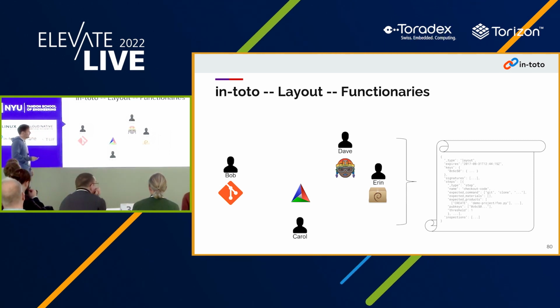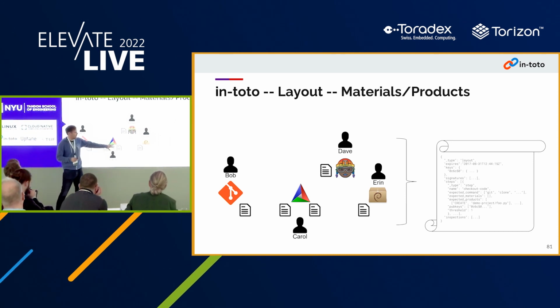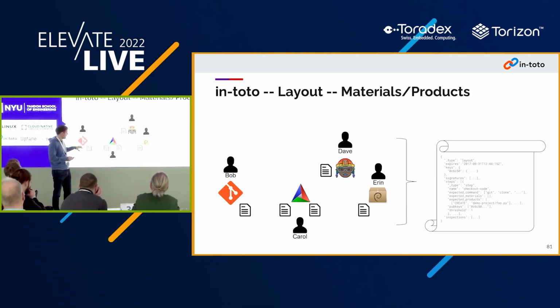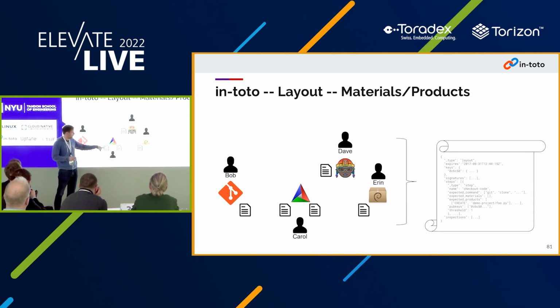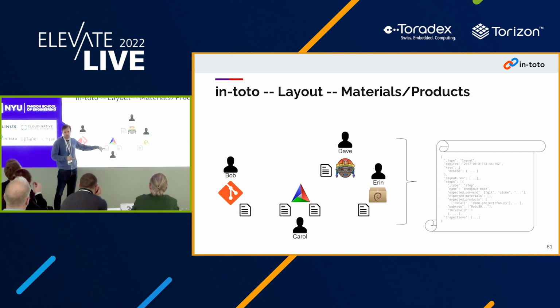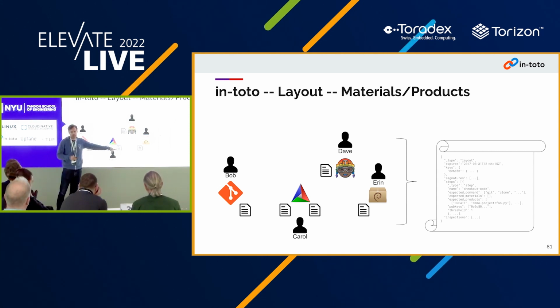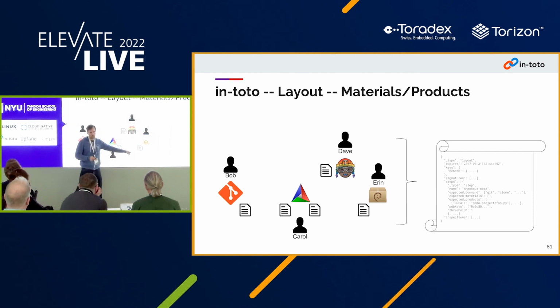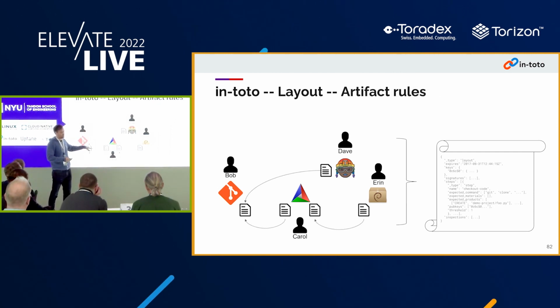Okay. And then you have things that go in and out of these different steps. For instance, you have your signed git tag here, and this is the thing that's supposed to go into the build system. The build system then produces a binary that's supposed to go into what's packaged. And then you link all of this together with artifact rules.